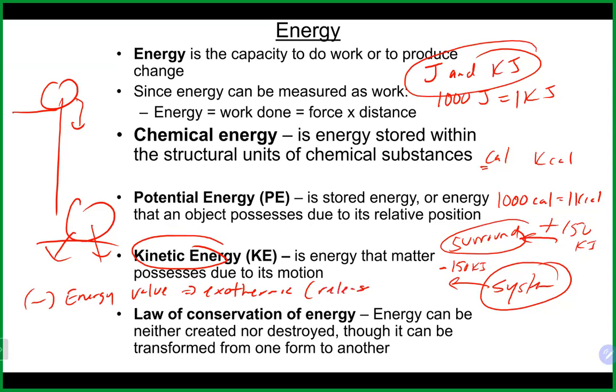Energy is released. And if you have a positive energy value, that is what is referred to as being endothermic, and that is energy being absorbed. Those are two very common things that we see, especially as we'll get into some energy calculations.